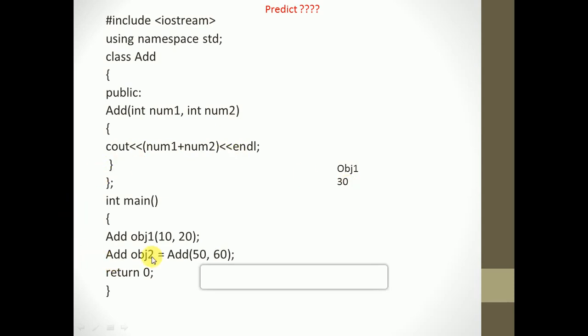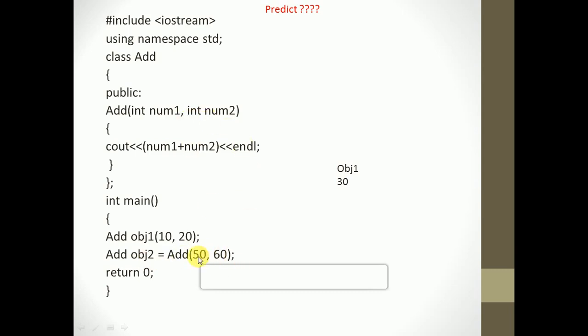Now add obj2. So immediately it will search for a default constructor. It will be there automatically and assigned with some values. Okay. So now we are going to call the constructor with 2 arguments. Now for obj2, what are we going to do? We are going to call this particular function.